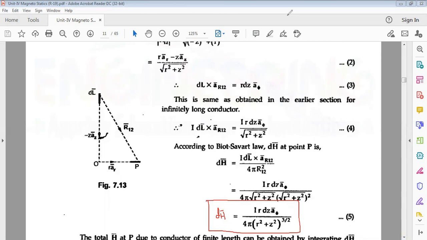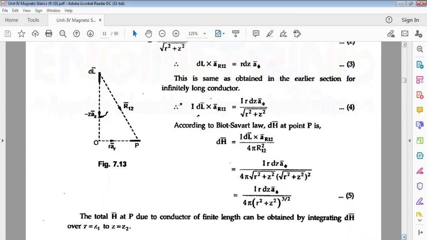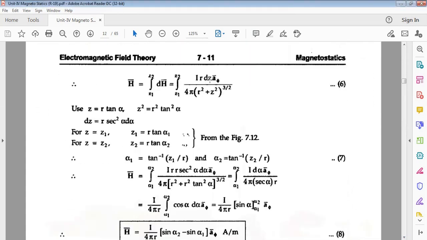Okay, my dear students. Now for the finite length, we are given the angles alpha, alpha 1 and alpha 2. So assume the right angle triangle, with the differential length on the z-axis.